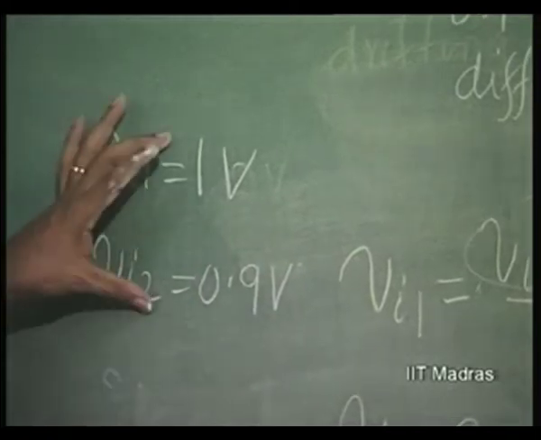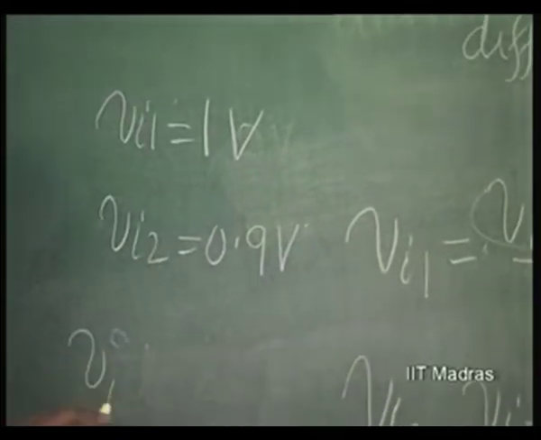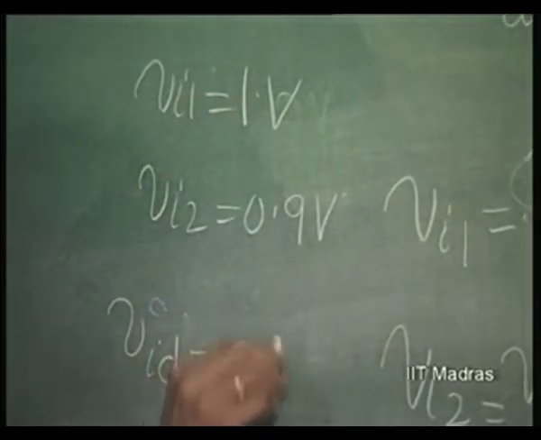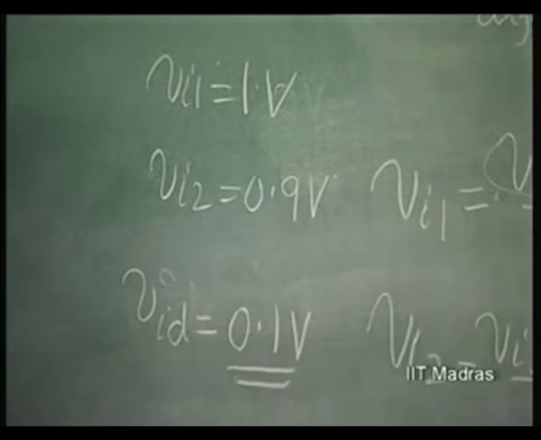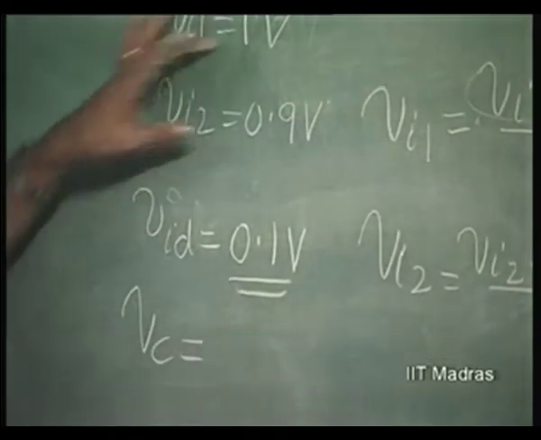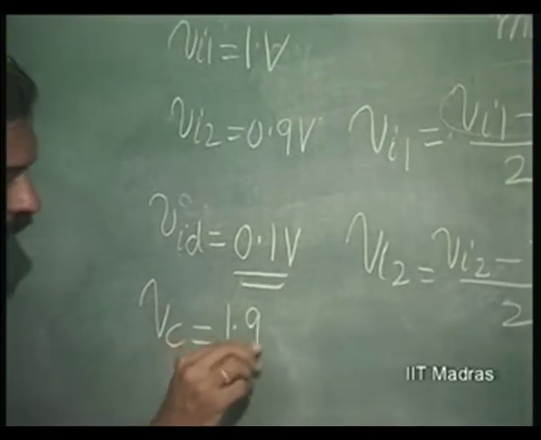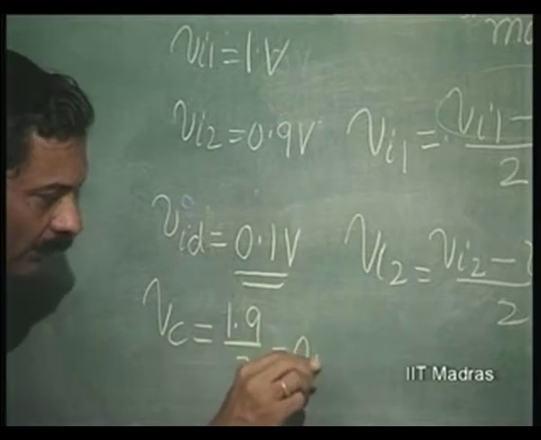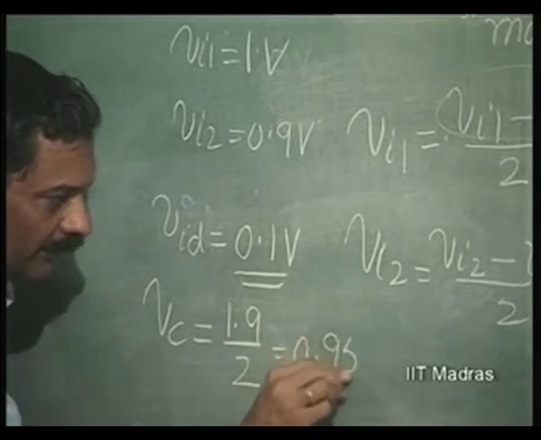The differential signal VID is 0.1 volt. The common signal is 1.9 divided by 2, which is 0.95 volts.